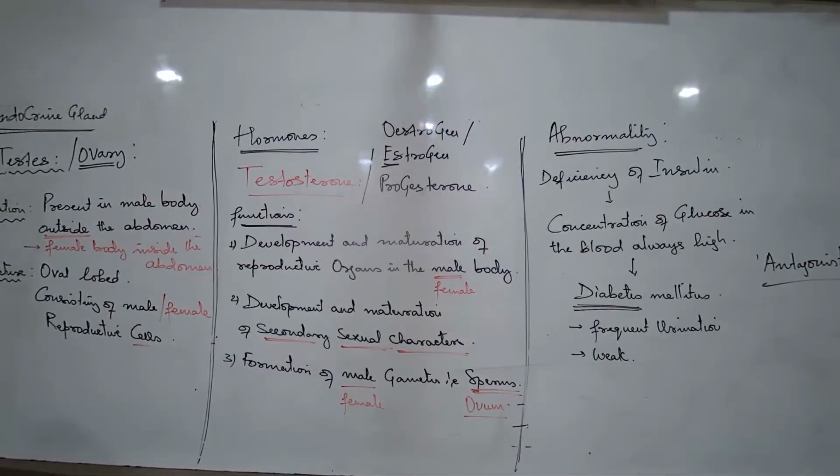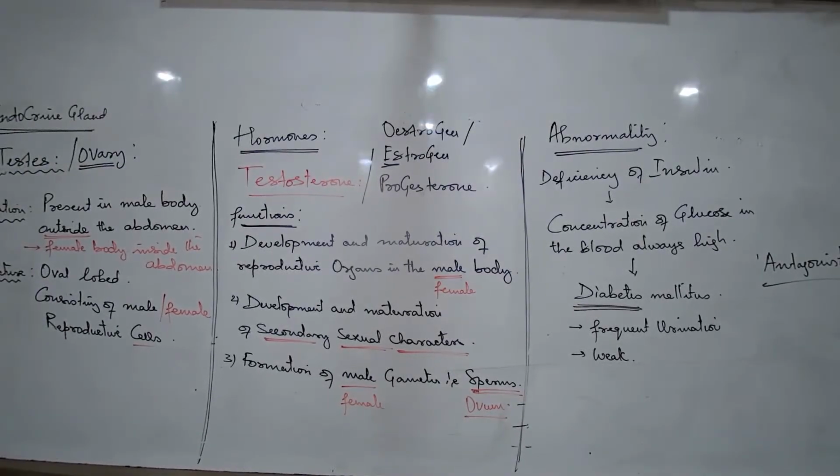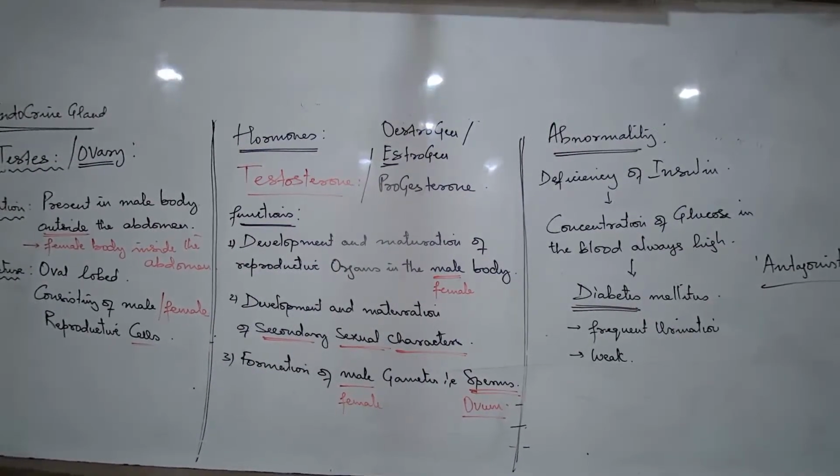Now, how do the hormones travel in a plant? In the animal, in the human, we have studied they travel by way of the blood. How about in a plant? In a plant, the hormones are produced in specific tissues and the function is carried out only in the surroundings of those tissues.